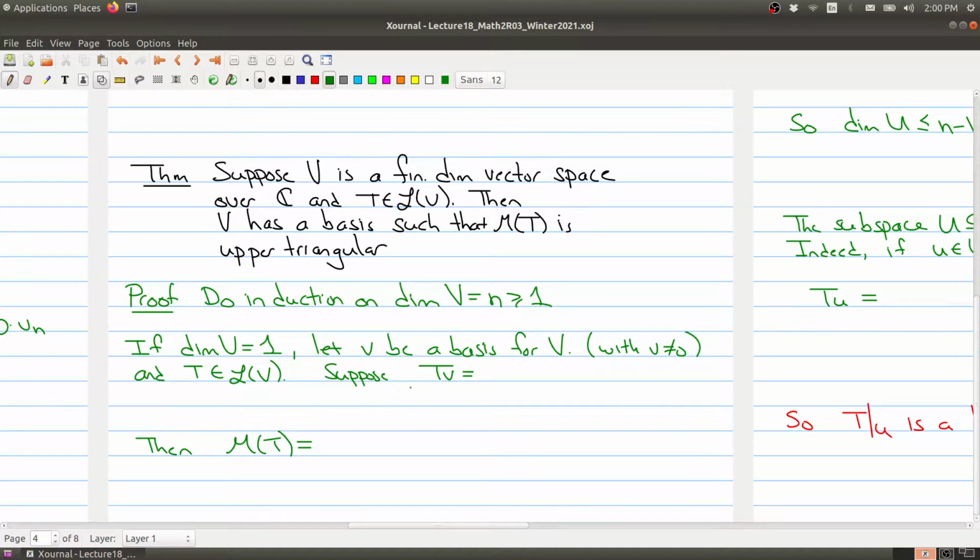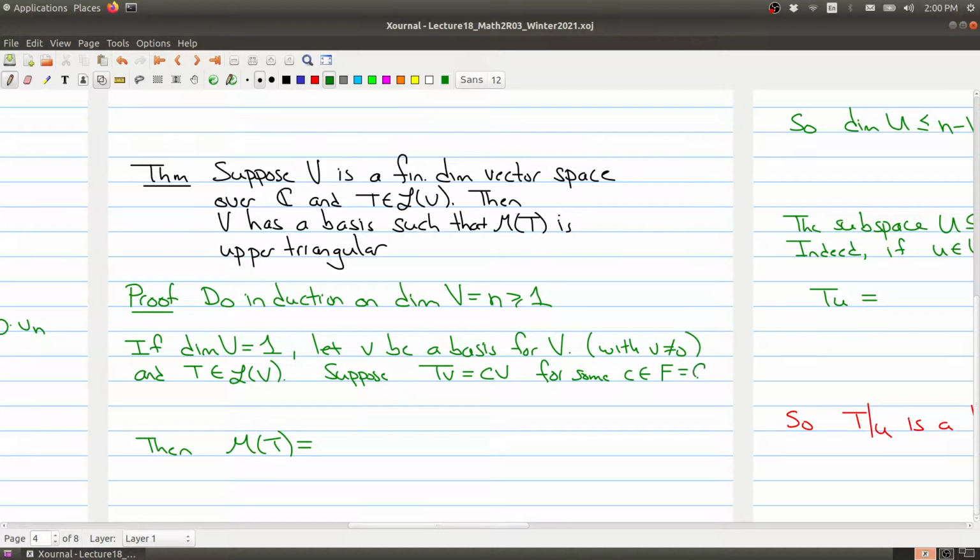When you plug v into T, you get another element in V, but because the basis for capital V is little v, you get that Tv is equal to some constant c times v, for some c inside of your field C.